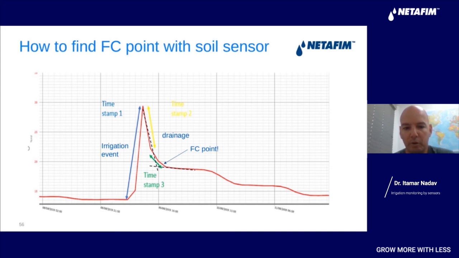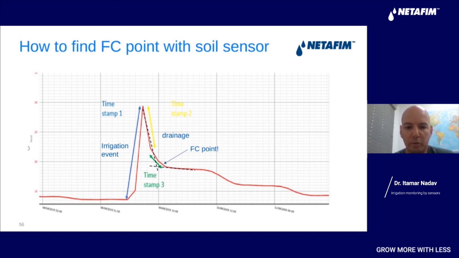It's the transition from saturation to field capacity. And if you draw a line between the drainage and the very horizontal line of the sensor, this is the field capacity point, which in this example is about 90%.